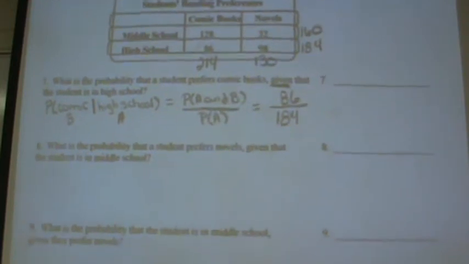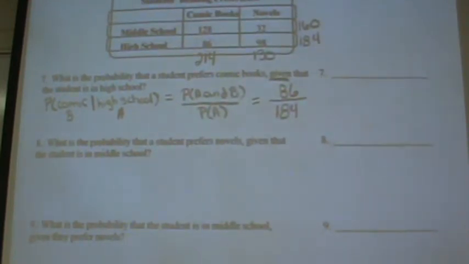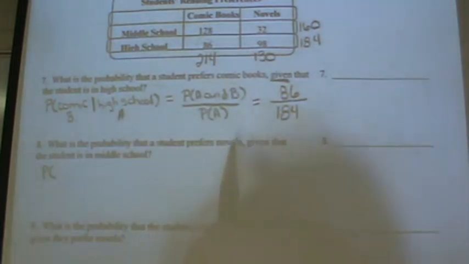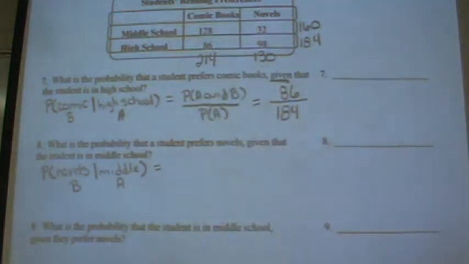Number 8 asks, what is the probability that a student prefers novels given the student is in middle school? So again, writing our probability, we have probability that they prefer novels given that they're in middle school. So remember, our event B is the novels, our event A is the middle school.